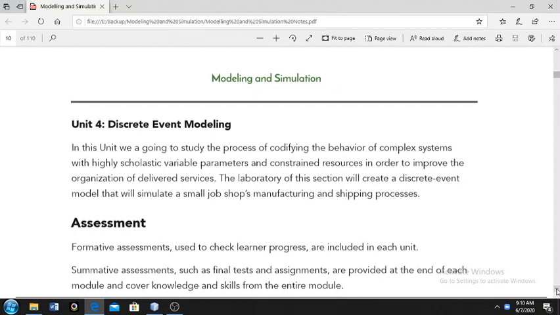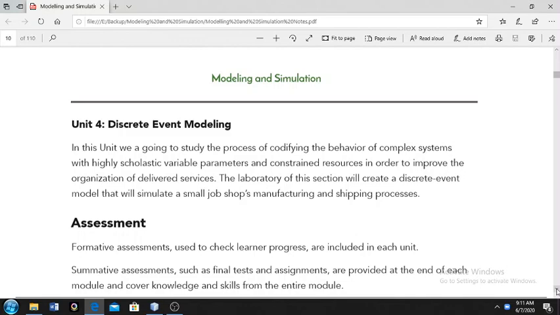And then our last unit will be discrete event modeling. In this unit, we are going to study the process of codifying the behavior of complex systems with highly stochastic variable parameters and constrained resources in order to improve the organization of delivered services.